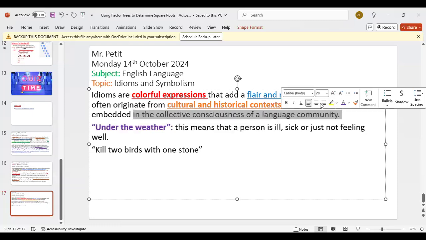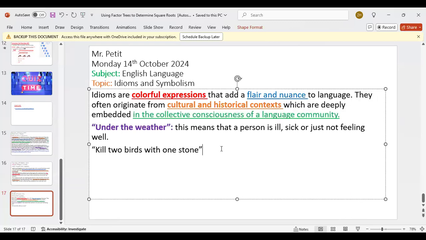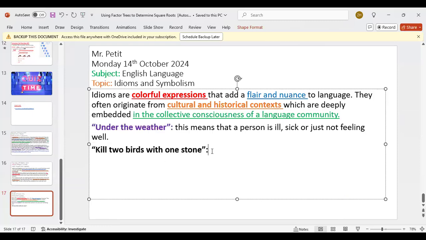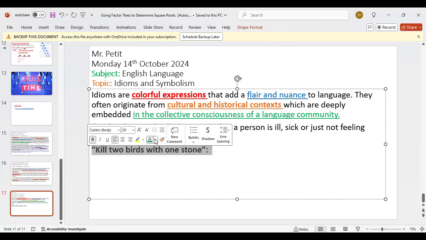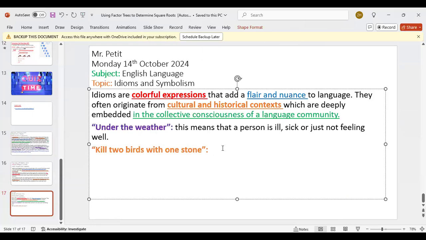I didn't have to finish it for y'all to know what it is. It can't be something you just make up and say, oh, that's an idiom. Idioms are known. So, kill two birds with one stone.